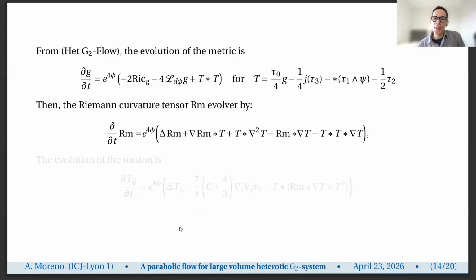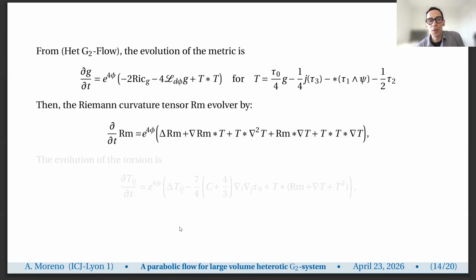So if you want to study long time existence, a natural thing you should try to do is look at the evolution of the geometric quantities related with your geometric tensor. In this case, how is the evolution of the Riemann curvature tensor?